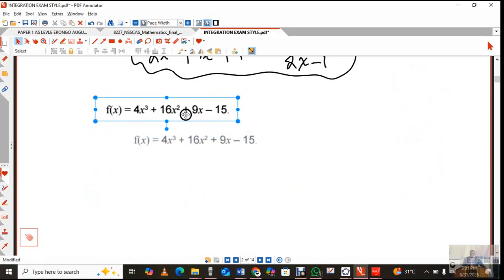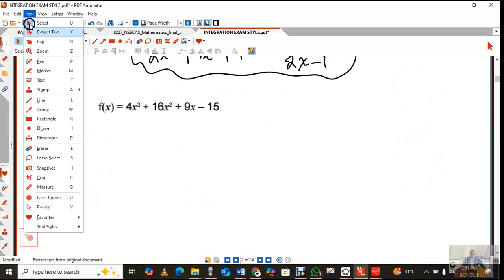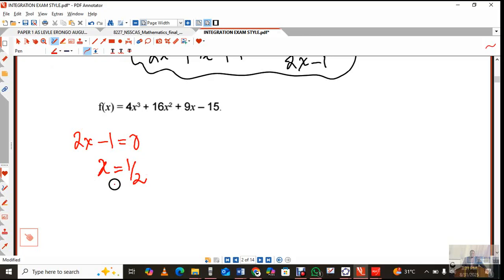So I'm just going to also take my 2x minus 1. And in fact, if you were to take your 2x minus 1, and let it equal to 0, this will give you that x is equal to a half.